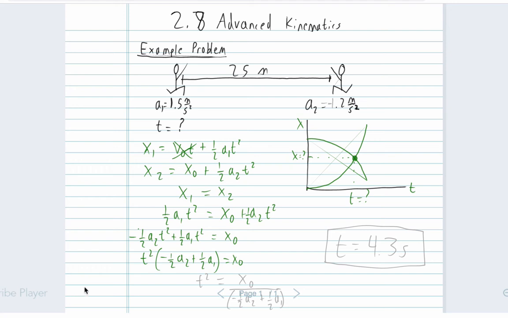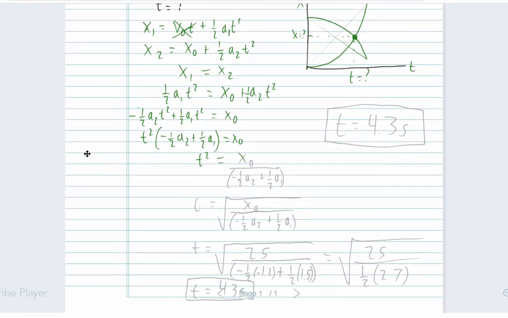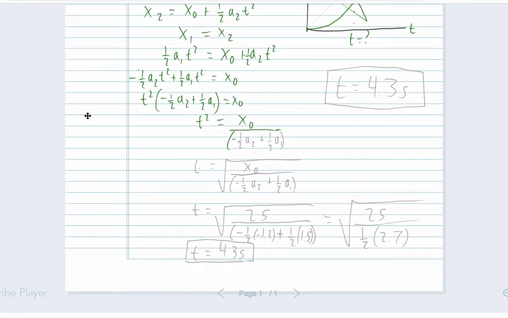Then we divide to the other side, so we get t squared by itself equals x naught over all this stuff, negative 1/2 a2 plus 1/2 a1. Final step, square root both sides, and we get that the time is the square root of x naught over all that stuff.